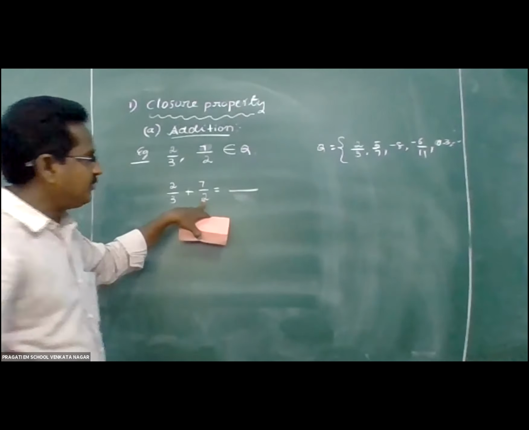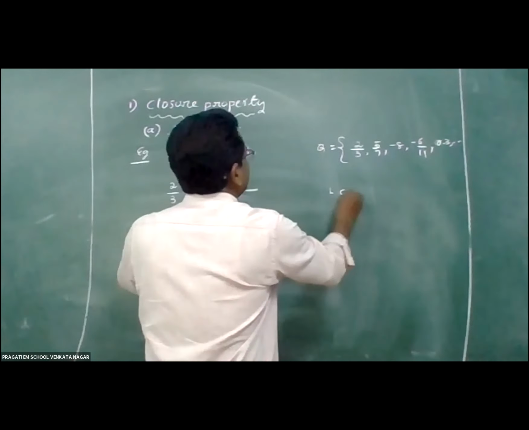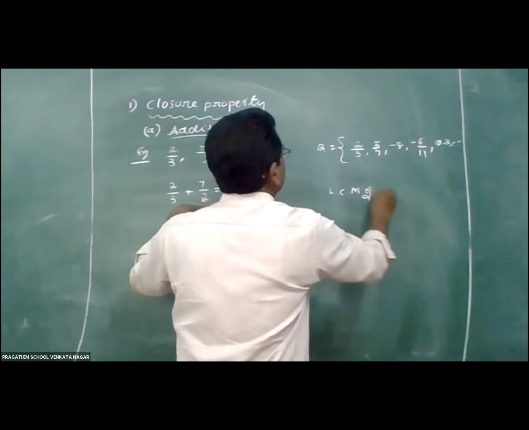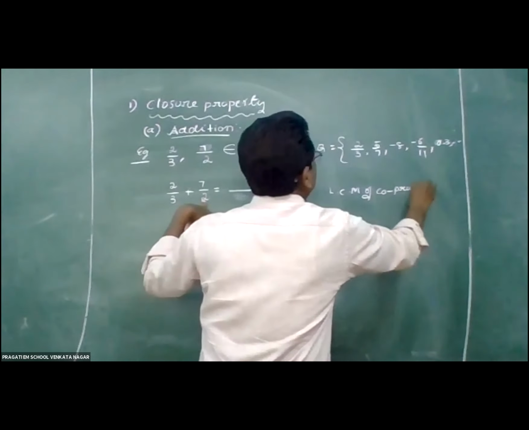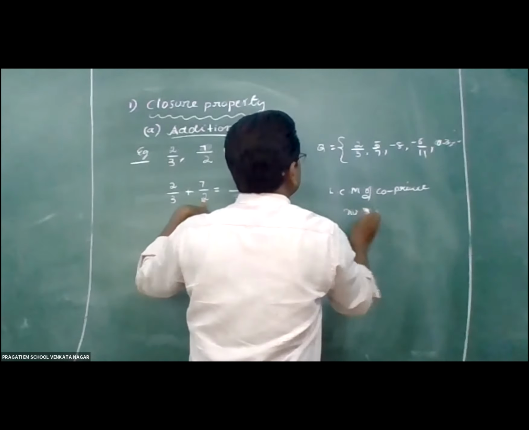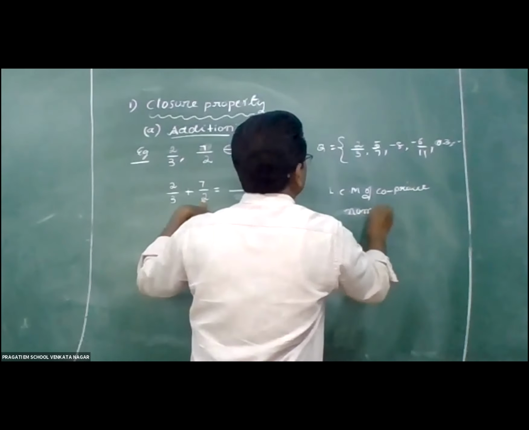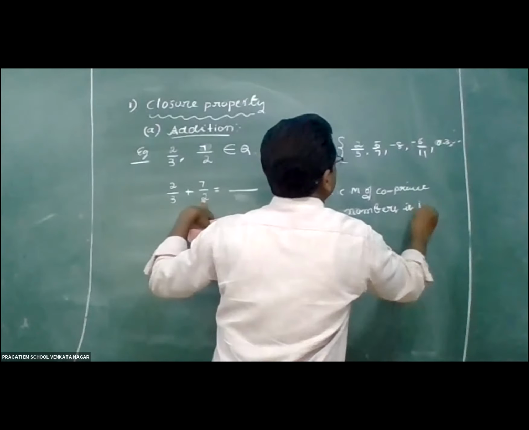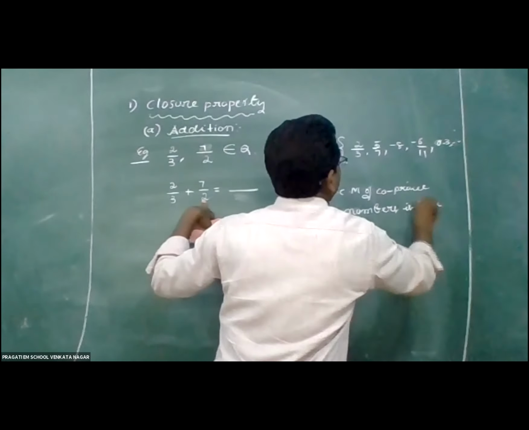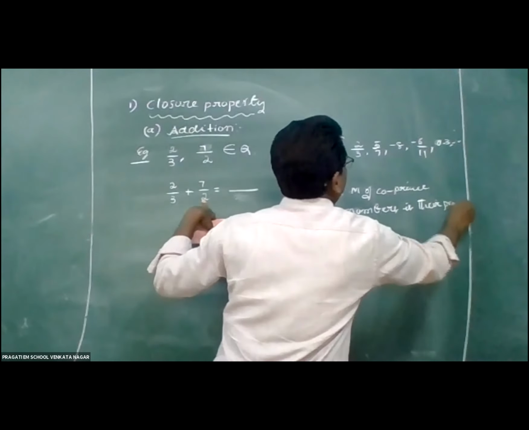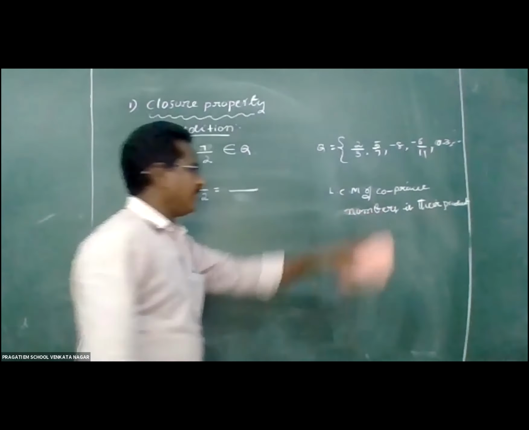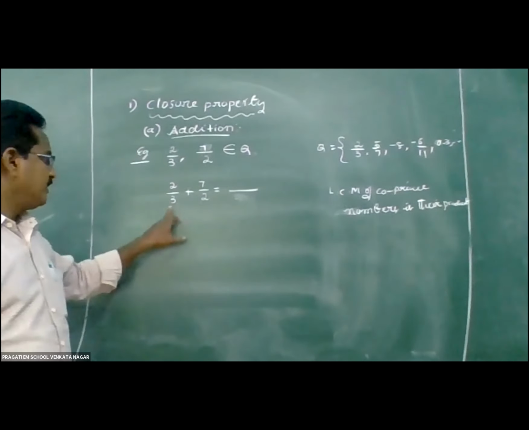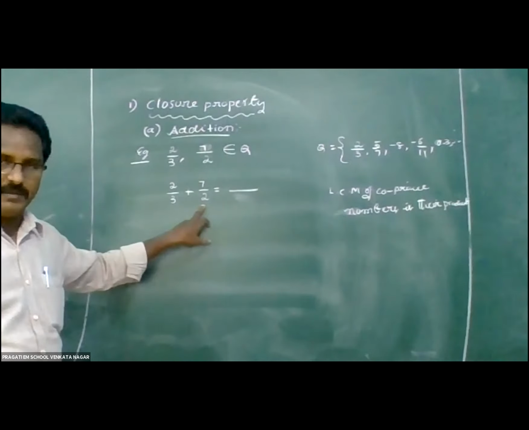What is the LCM of co-prime numbers? The LCM of co-prime numbers is their product. Here 3 and 2 are co-prime numbers.